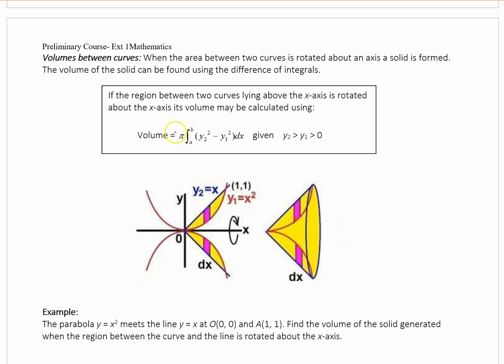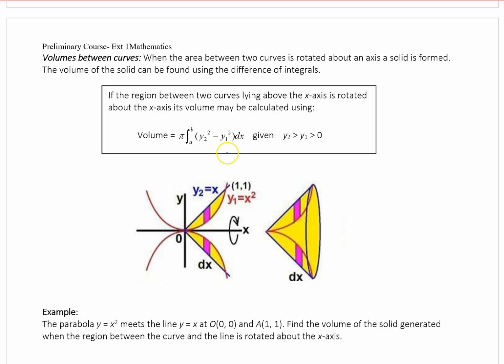The formula for calculating the volume of this unusual solid generated by taking the region between two curves and rotating it can be found in a similar fashion, using the formula pi times the integral a to b of the top function squared minus the bottom function squared.